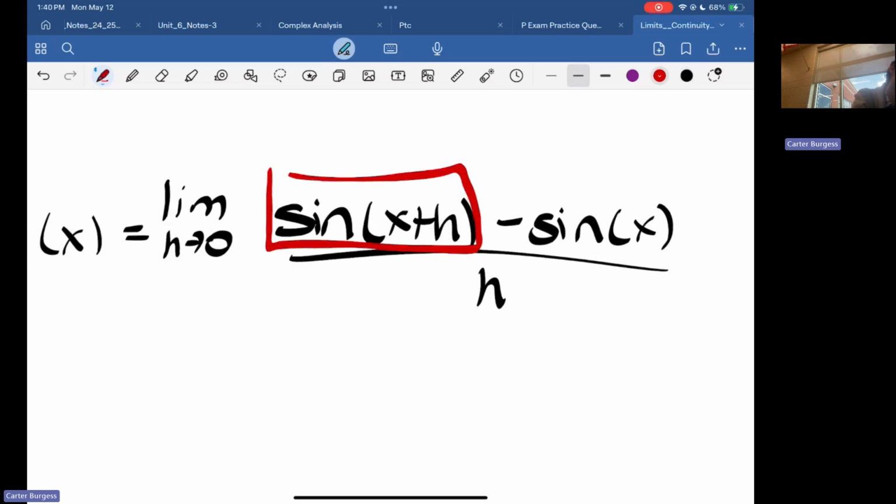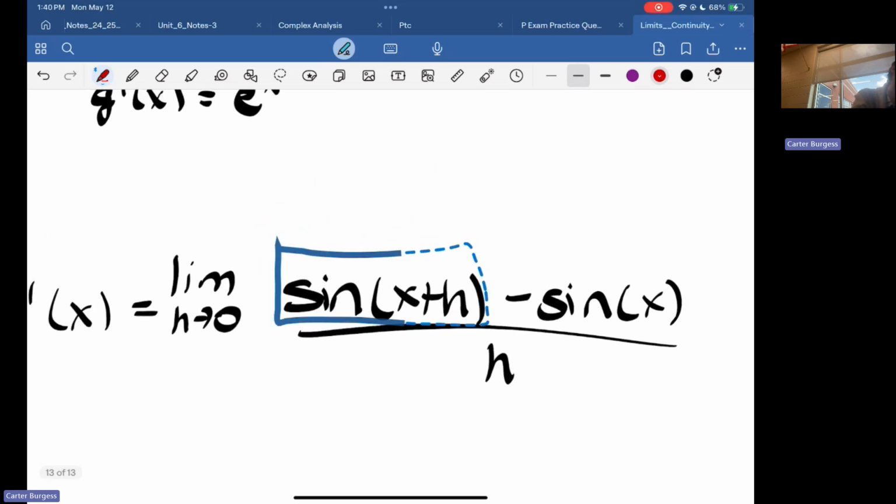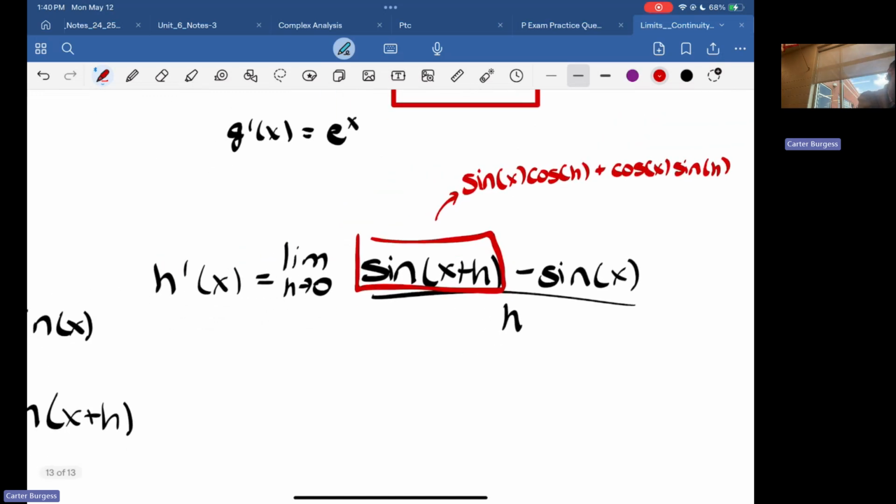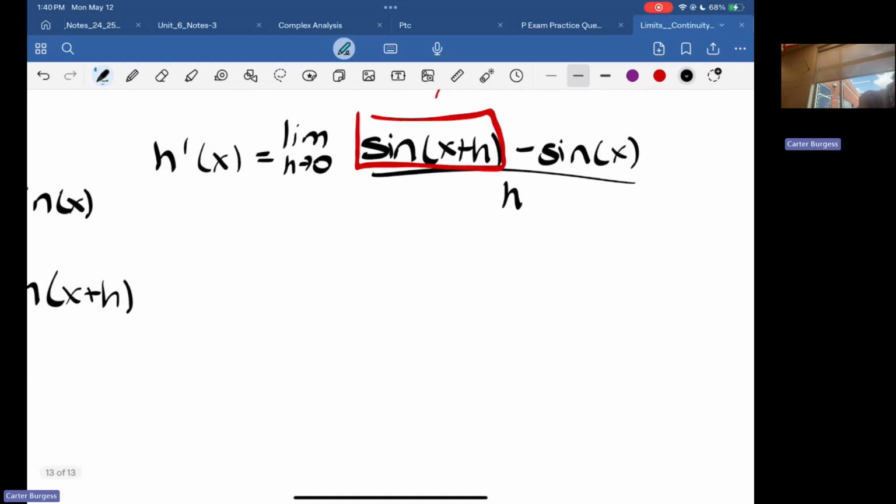Sine of x plus h is the same as sine of x times cosine of h plus cosine of x times sine of h. And so I can rewrite this.